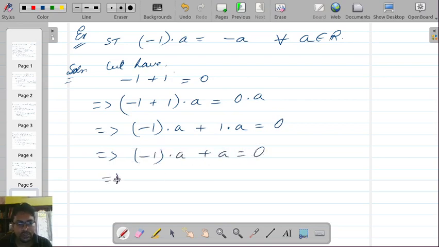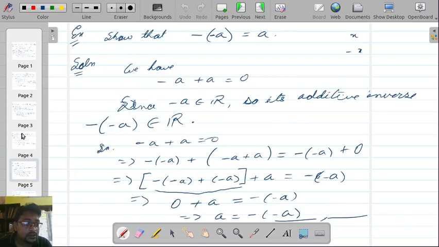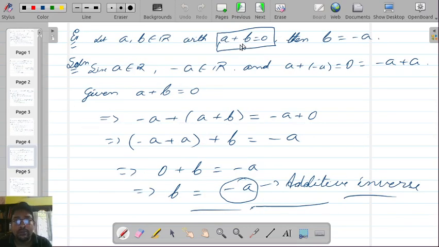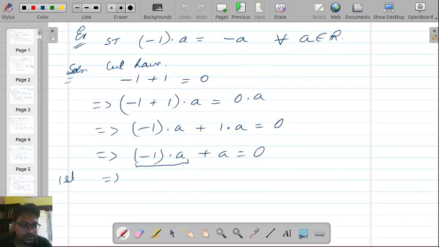Now you can do it two ways. The first way is just to apply the uniqueness of the additive inverse. This is an element which satisfies, and we have already done that: an element b which satisfies a plus b equal to 0, then b has to be minus a. It's something similar to that. So this minus 1 into a is an element which satisfies minus 1 into a plus a equal to 0. So this minus 1 into a has to be the additive inverse of a.